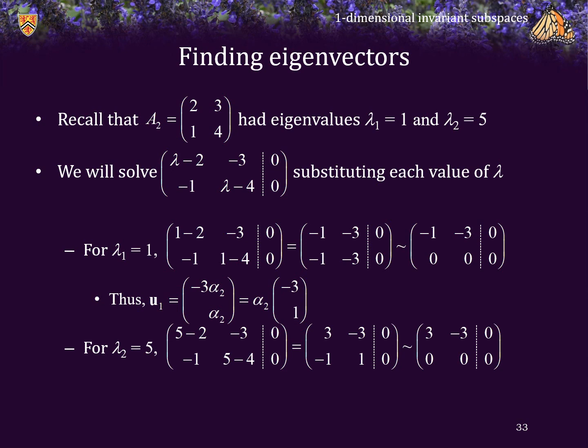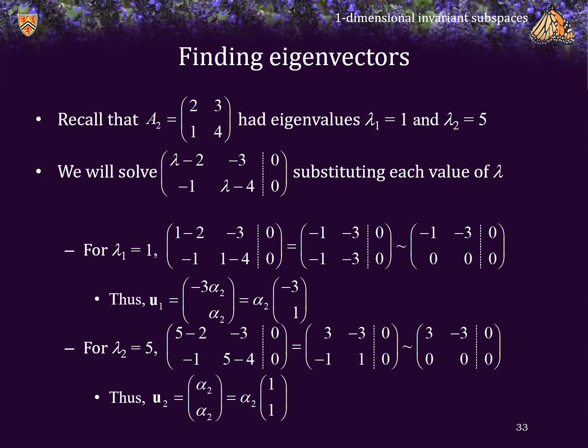Now, if we substitute in the value lambda equals 5, then again, solving that gives us that equation here. So once again, that row echelon form matrix tells us that alpha 2 is a free variable and alpha 1 is equal to alpha 2.